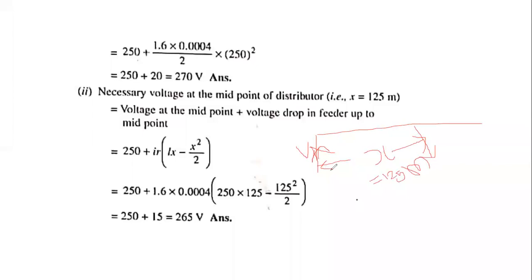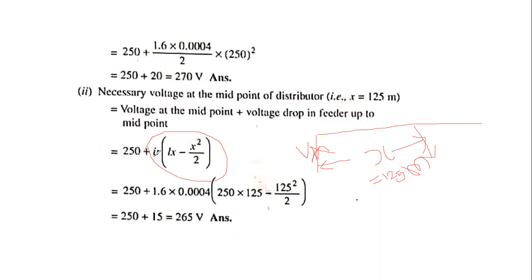Then the necessary voltage is equal to 250 plus I R into (L x minus x square by 2). This is the formula for the voltage at the midpoint of a distributor.